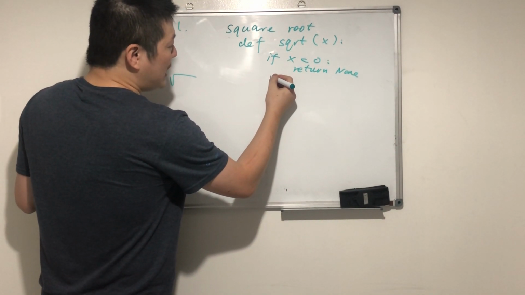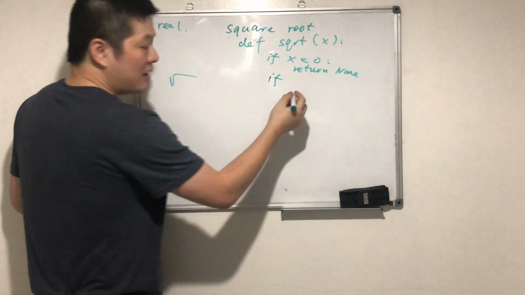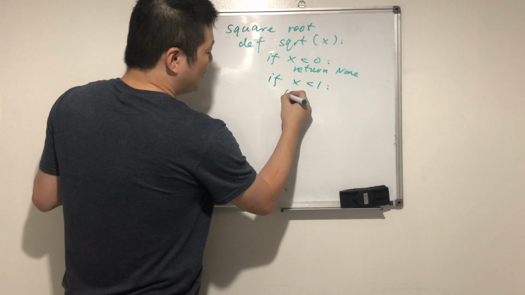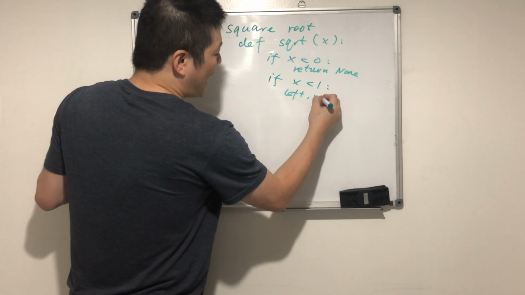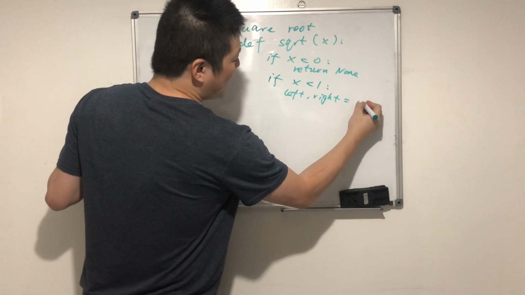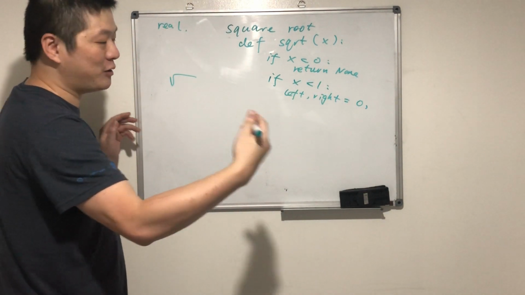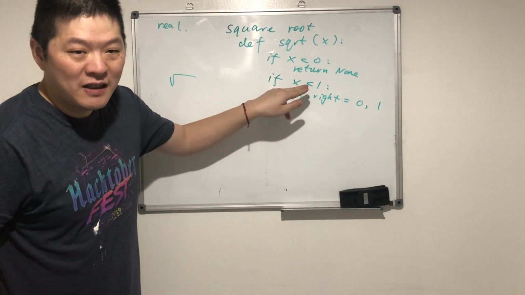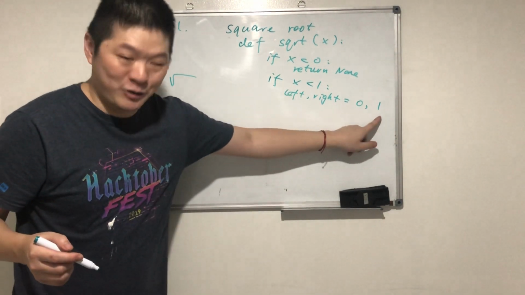Now, if x is smaller than 1, left is 0 always and the right bound we set to 1, because if x is smaller than 1, square root of x is also smaller than 1.